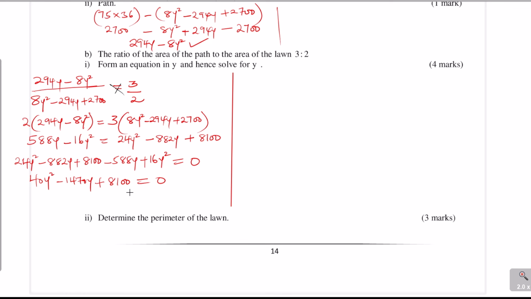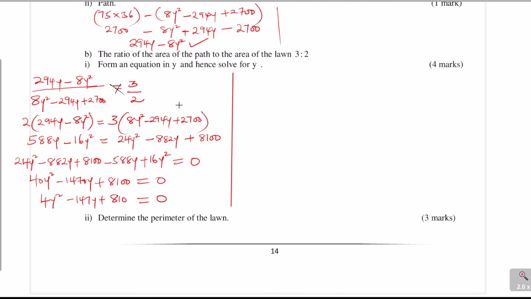So you can try to see whether it is possible to simplify. They can divide all through by 10. When you divide every term by 10, you get 4y squared minus 147y plus 810 is equal to 0. That is a simplified equation.